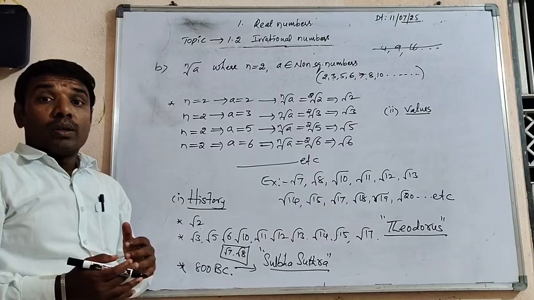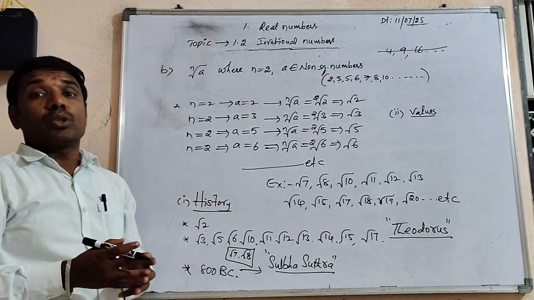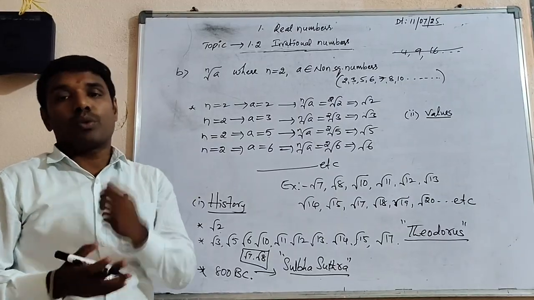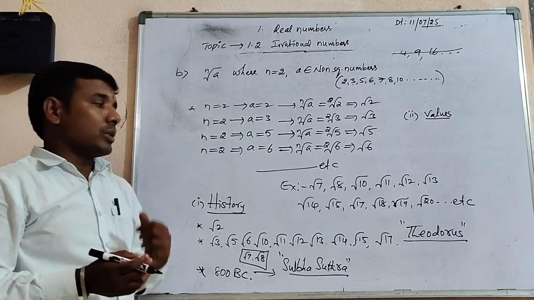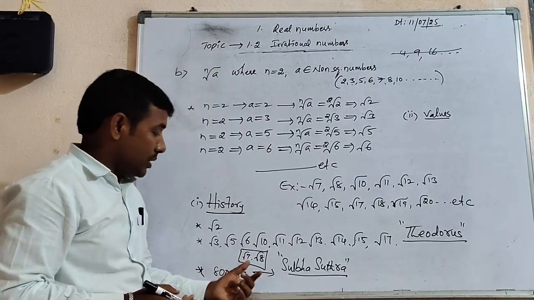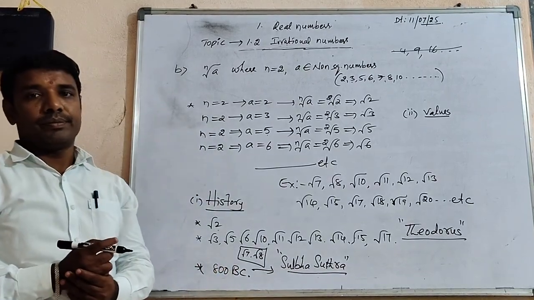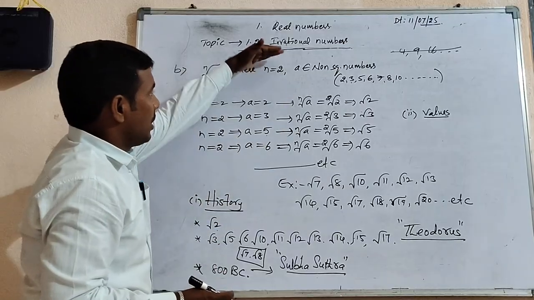When we study the calculation of square roots, we find irrational concepts in the Sulabha Sutra of 800 BC. This is a small history about irrational numbers.